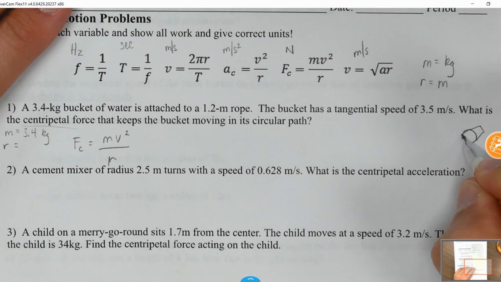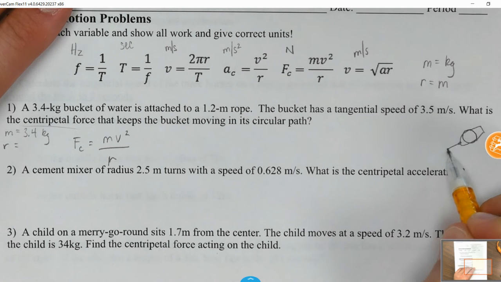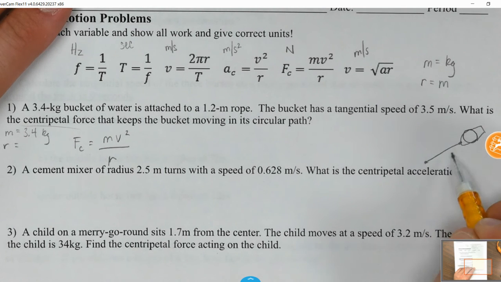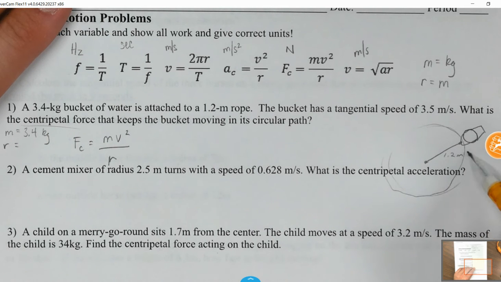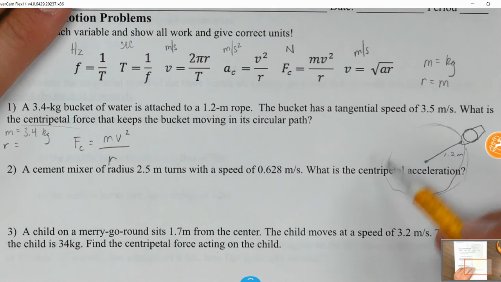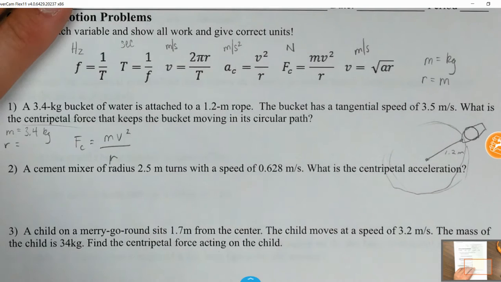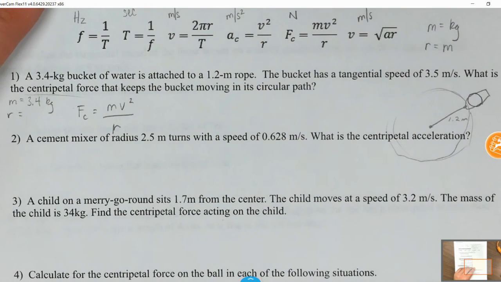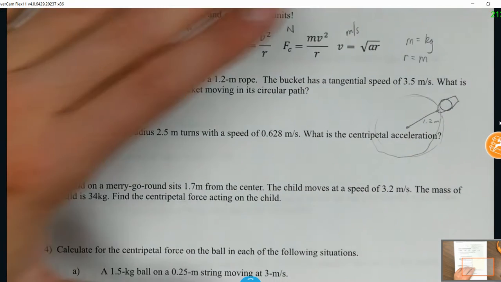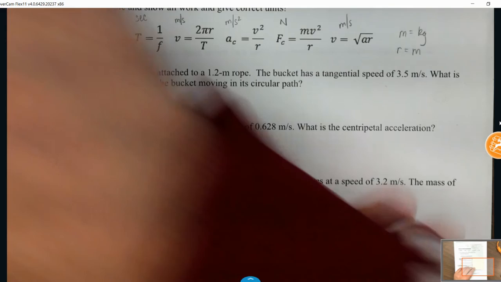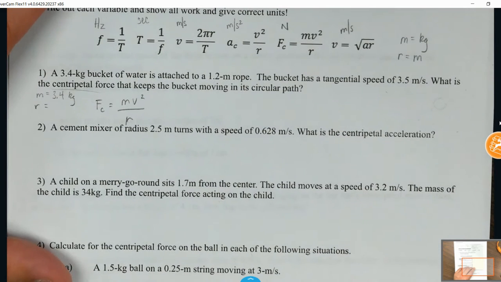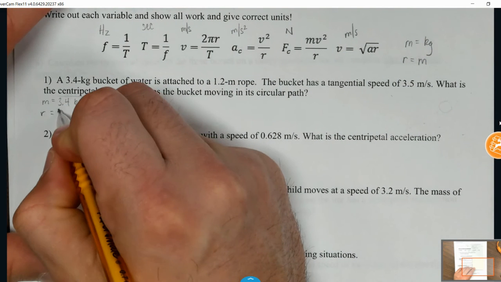All right, and you got the little handle thing, and so the rope that is attached to it is 1.2 meters long, and as this thing is spinning, you would see that that would be a radius, not the whole thing. So if you get a problem like that, don't freak out and be like, oh, well, that's the diameter. Nah. All right. So we have a radius then of 1.2 meters.